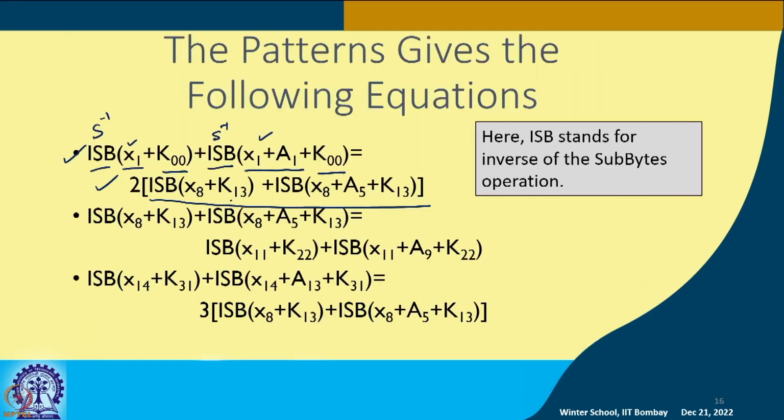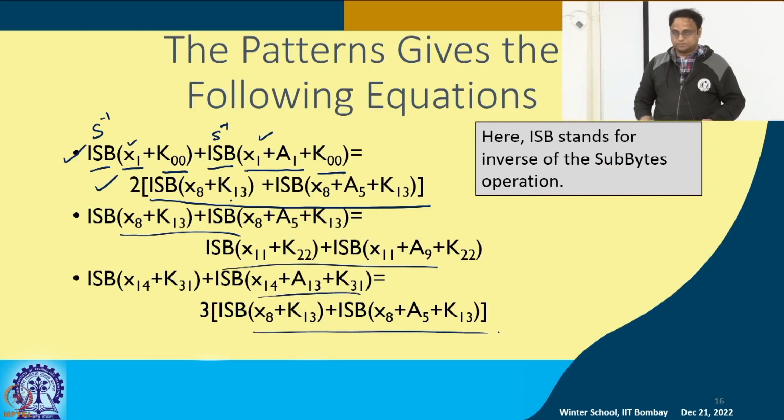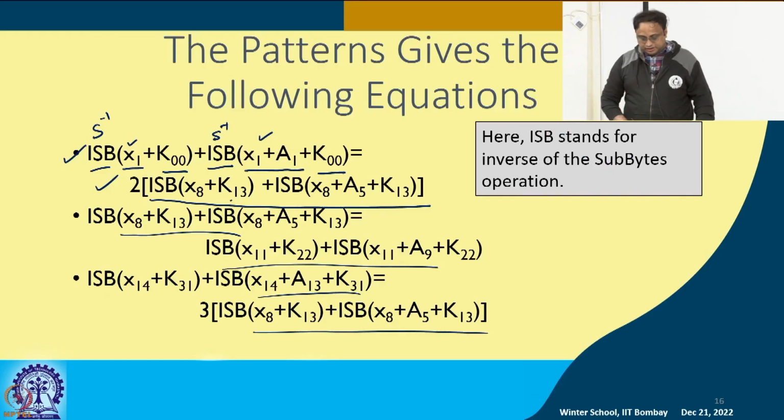Make sense? So I form these 3 equations. And I verify. So how many key guesses do you need to do? As you see, there are K00, K13, K22, and maybe K31. So there are 4 key bytes that you can guess.